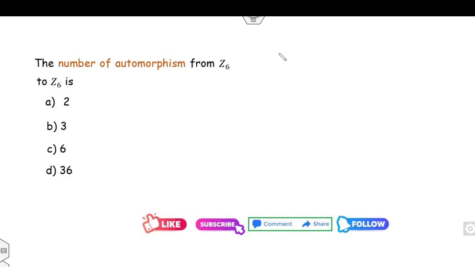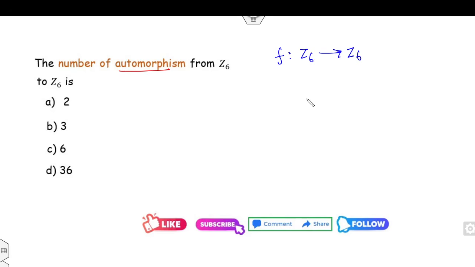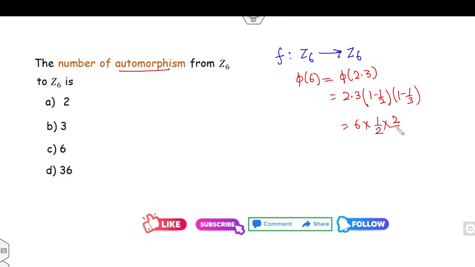Look at this example. f is a mapping from Z6 to Z6. How many automorphisms are there? How many automorphisms for Zn? Phi of n. So the right answer of this problem is phi of 6. Phi of 6 can be written with 6 as 2 times 3, so 6 times (1 minus 1 over 2) times (1 minus 1 over 3), that is 6 times 1 over 2 times 2 over 3.